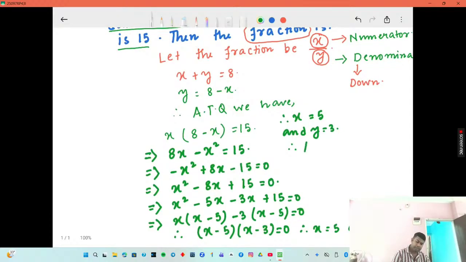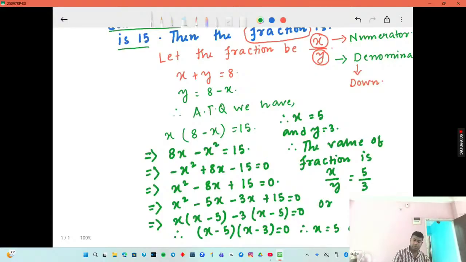Therefore, the value of the fraction x by y is equal to 5 by 3, or x by y is equal to 3 by 5. So the value of the fraction in this question will be 5 by 3 or 3 by 5. Now I will be moving to the next question.